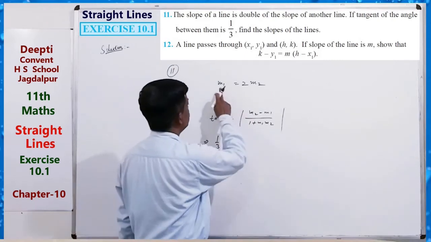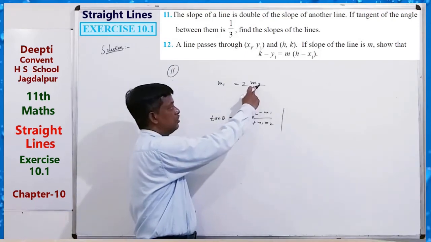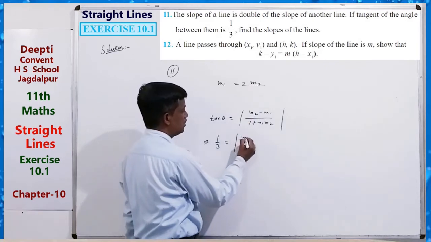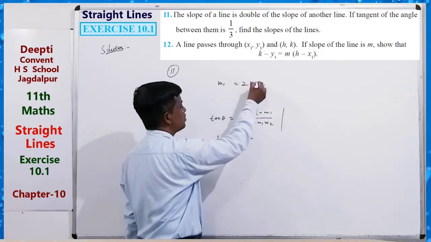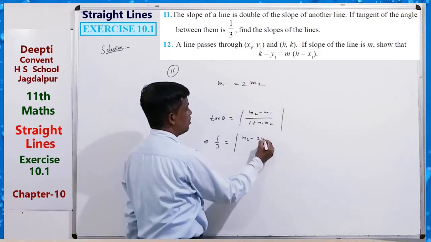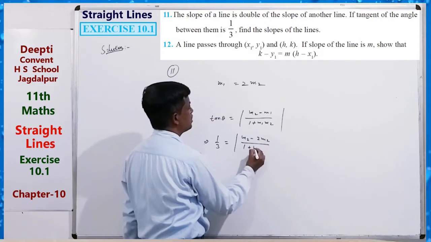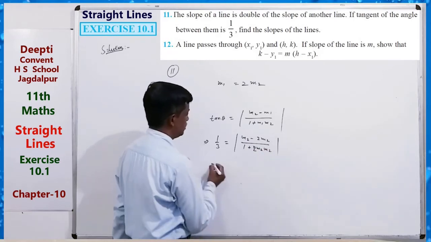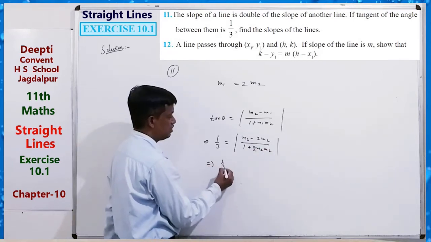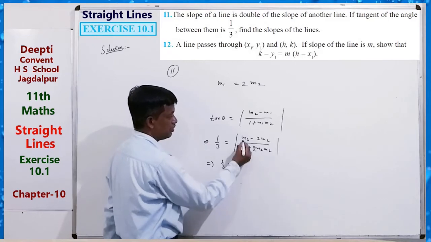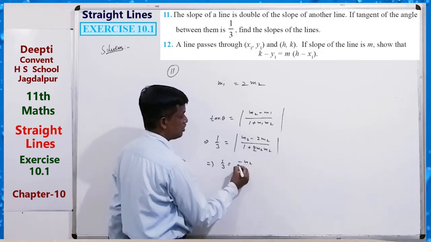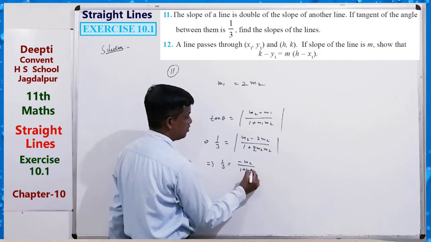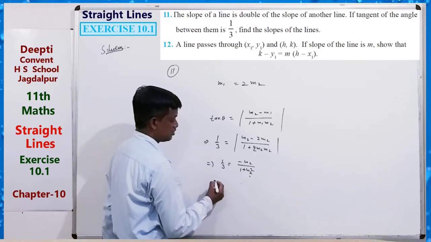Here m1 equals 2m2. So we can write m2 minus m1 as m2 minus 2m2, upon 1 plus m1 m2, which is 1 plus 2 m2 square. So 1 by 3 equals modulus of minus m2 upon 1 plus 2 m2 square.